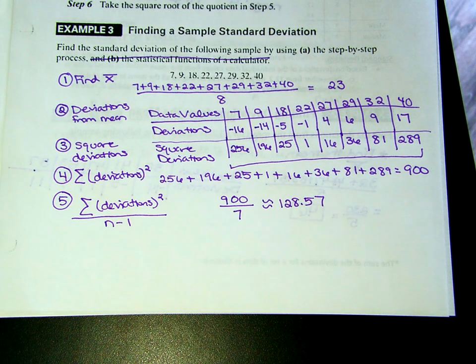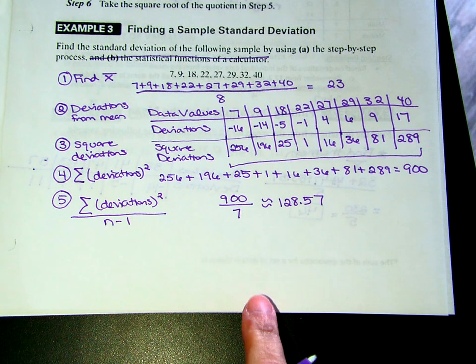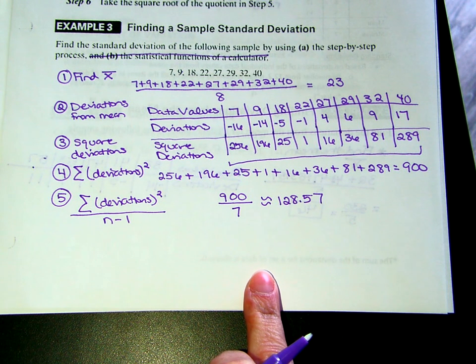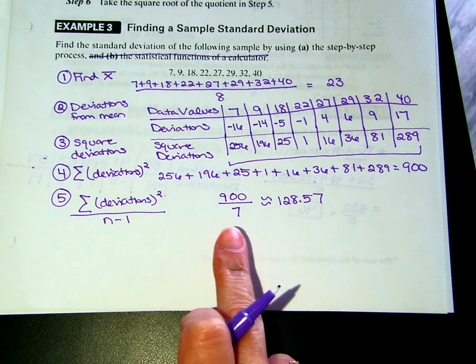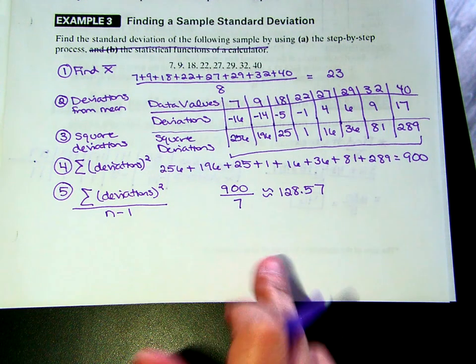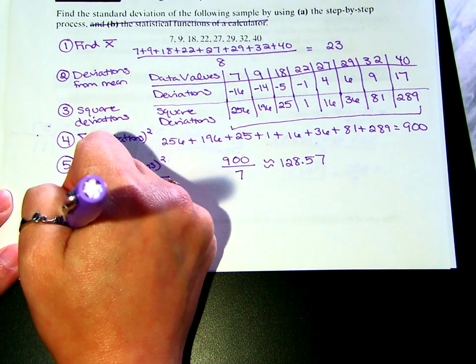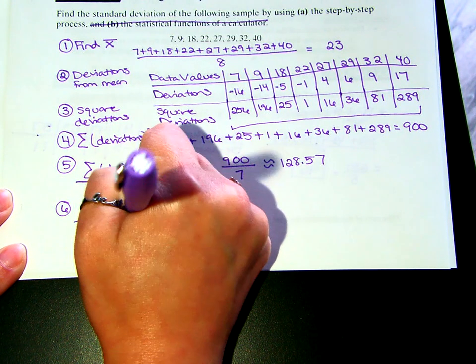Here's why I usually will combine steps 5 and 6 together. Because if you use a decimal representation on step 5, and that's what you plug into step 6, you're going to be further off from the actual answer because you already used a rounded answer. Step 6 is where we take the square root of the sum of your deviations squared over n minus 1.